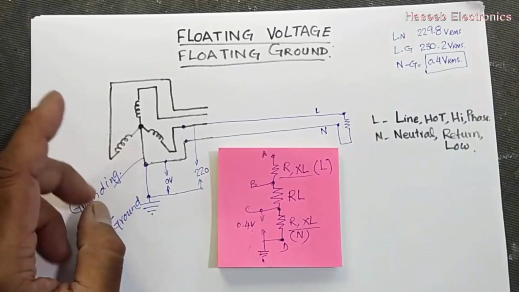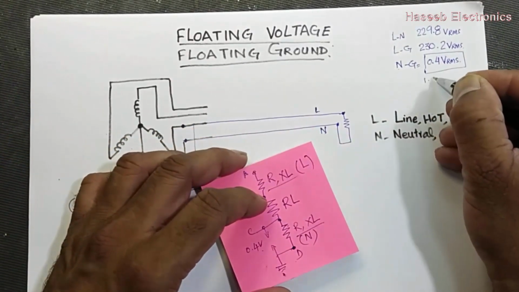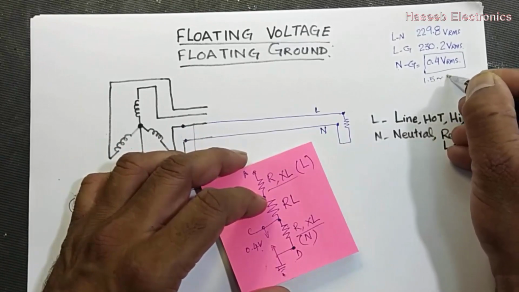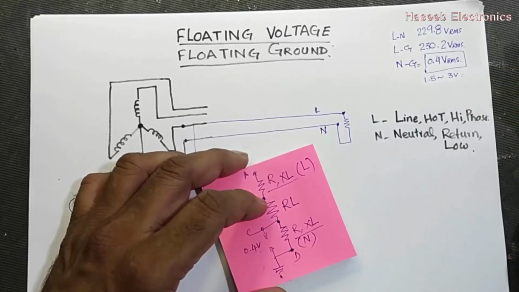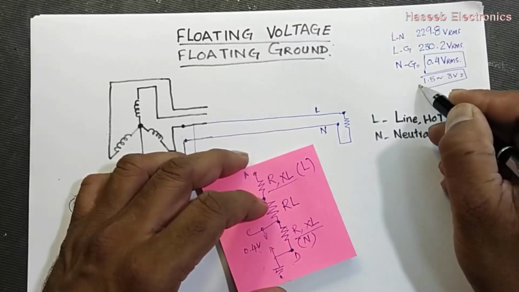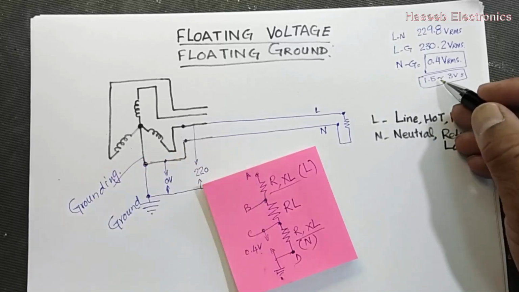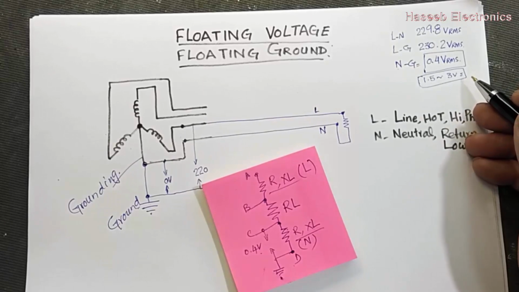In ideal condition or in routine, 1.5 volt to 3 volt is acceptable, and in some conditions we can say it is 5 volt. This is in the IEC standard, that this is the acceptable range. Above this it is difficult, it will be a problem.